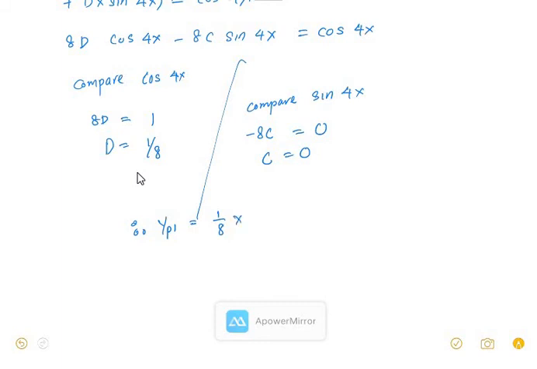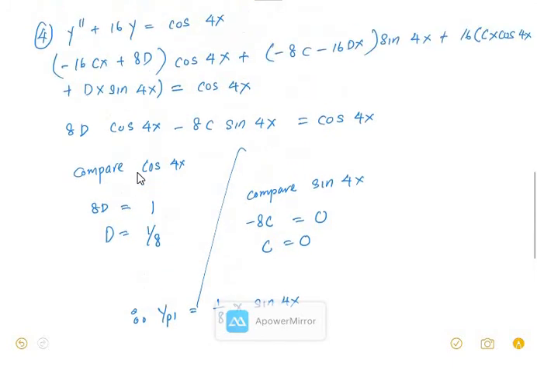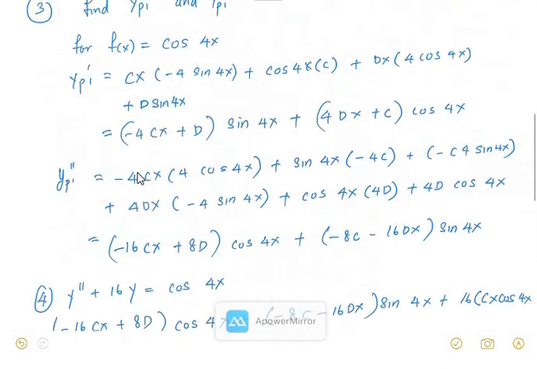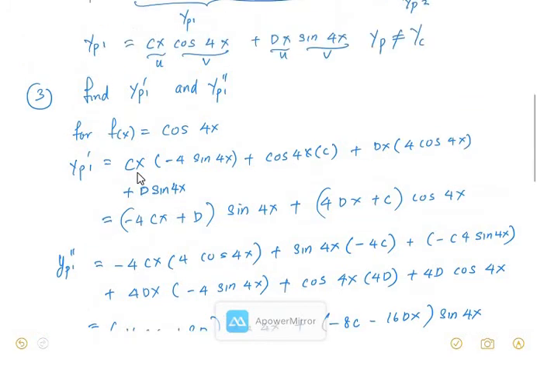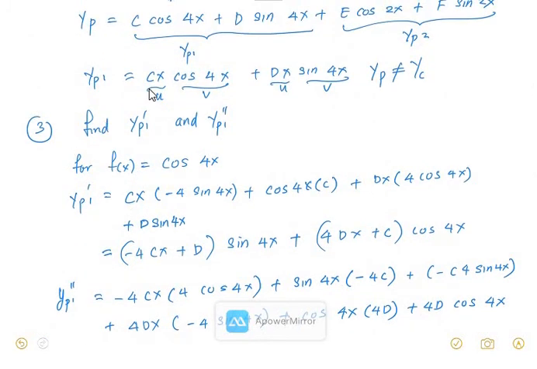Therefore, your yp1 equal to 1 over 8 x sine 4x.